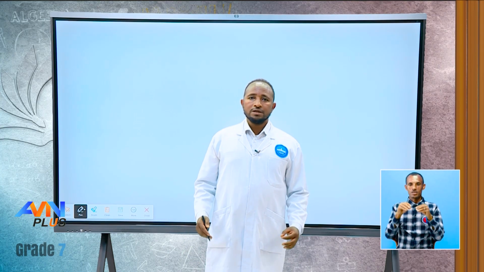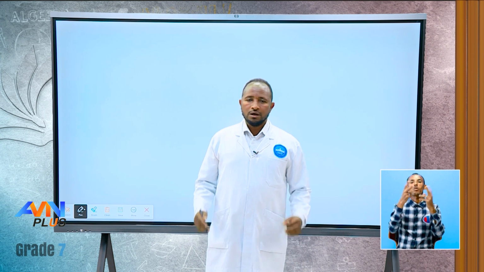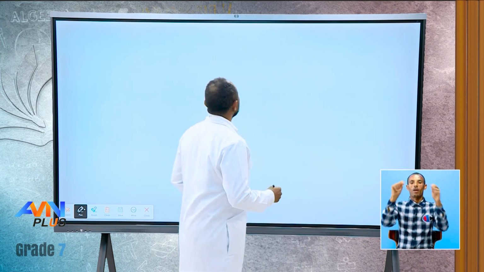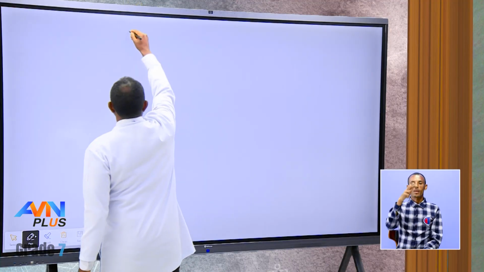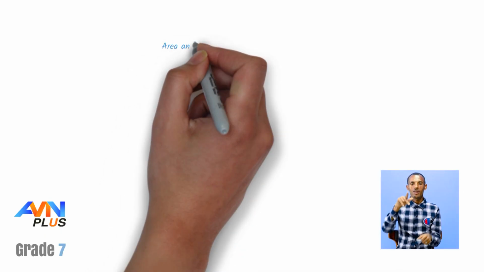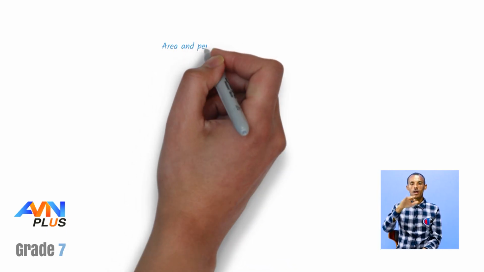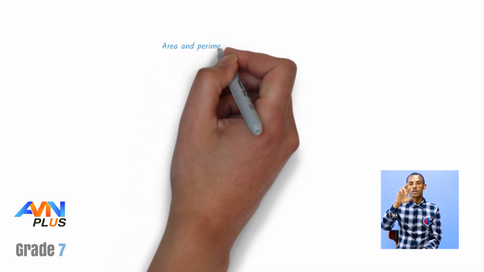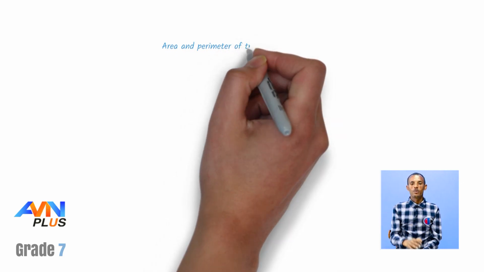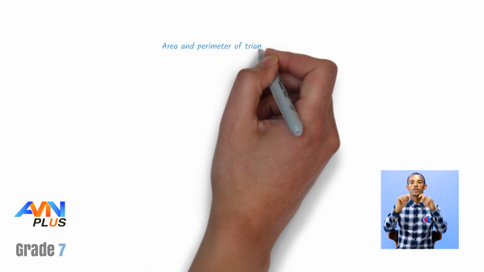Students, today's lesson topic is area and perimeter of triangles.